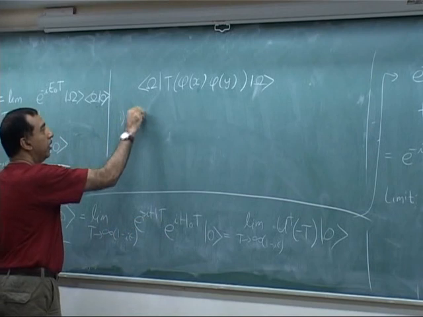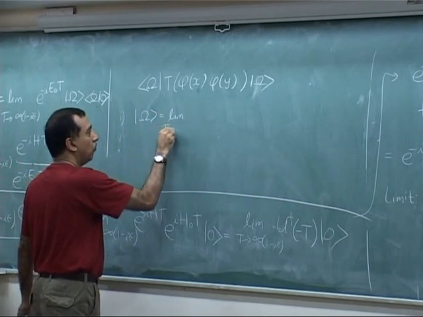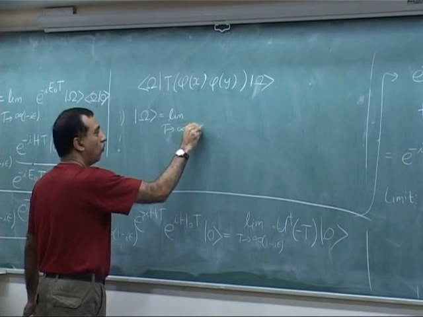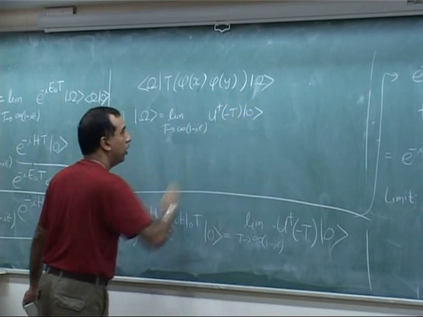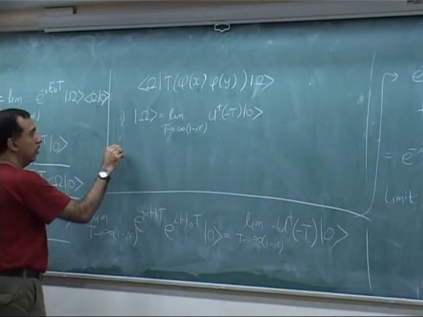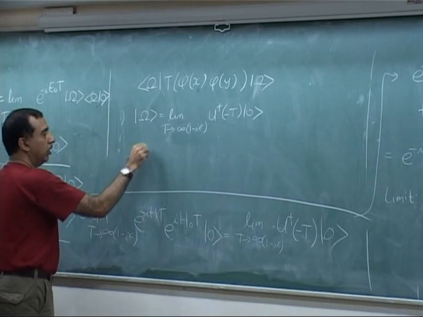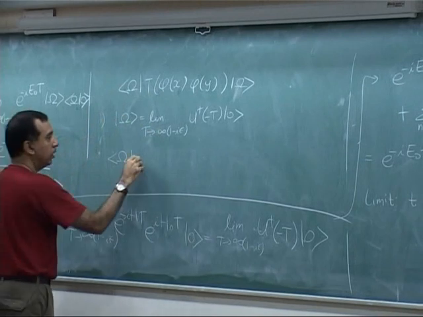|Omega> is the limit of U dagger of minus T on |0>. Now let's look at the corresponding conjugate result for this omega, because we have two omegas in this, one from that side and one from this side.